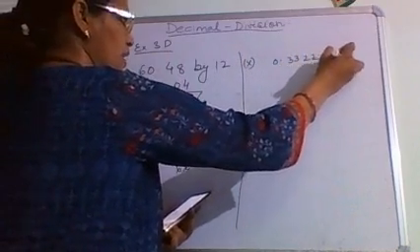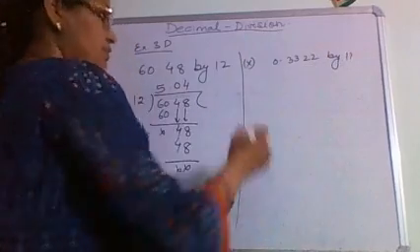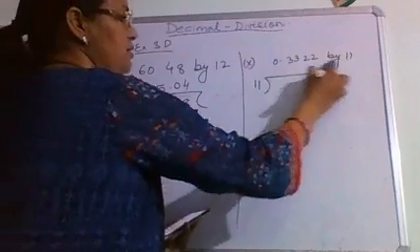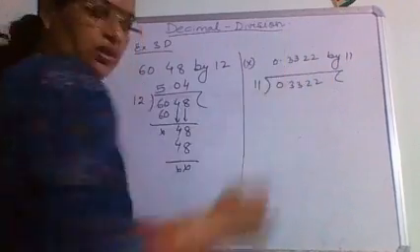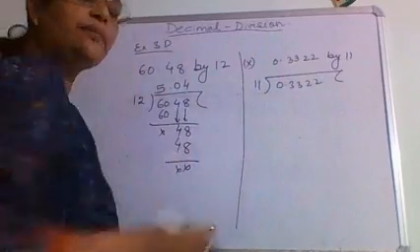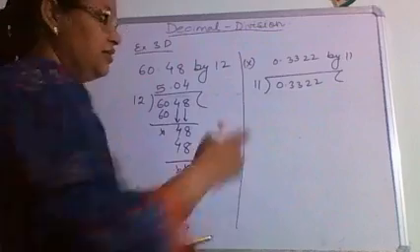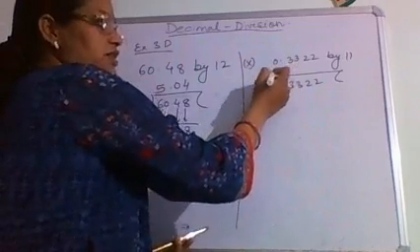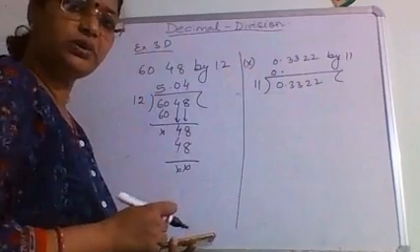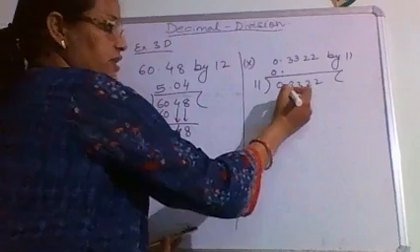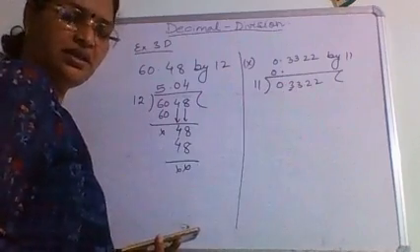0.3322 by 11. 11 divided into 0.332. Here no whole part is there. We have to start with 0 point only. We will start my question from 0 point only. The first number is smaller, right?